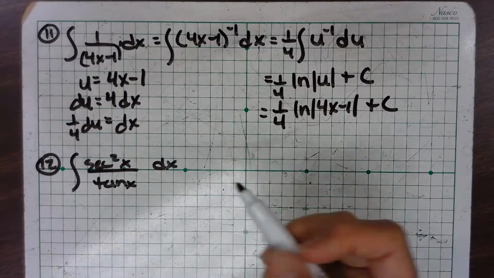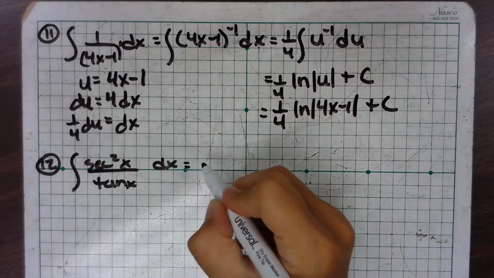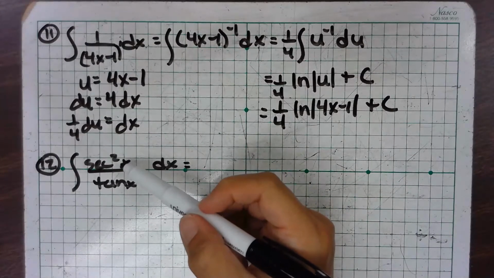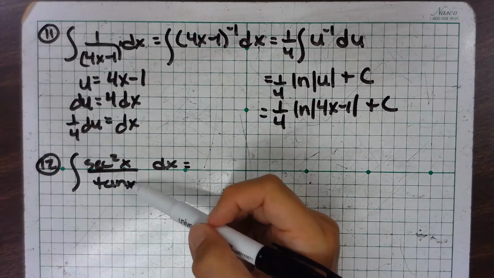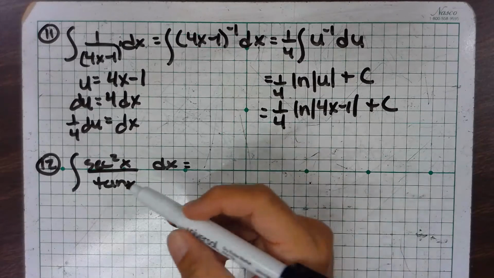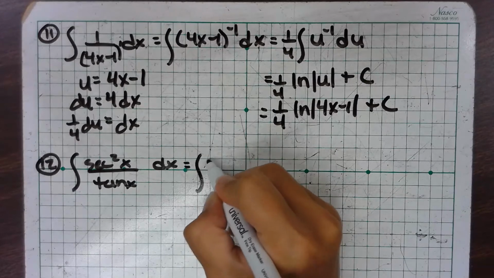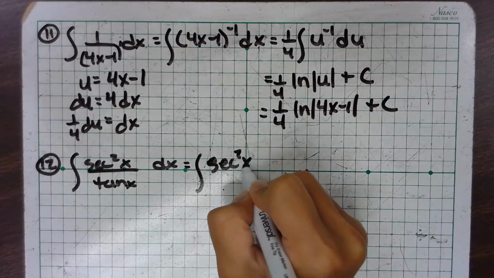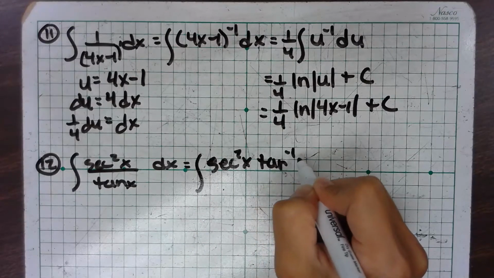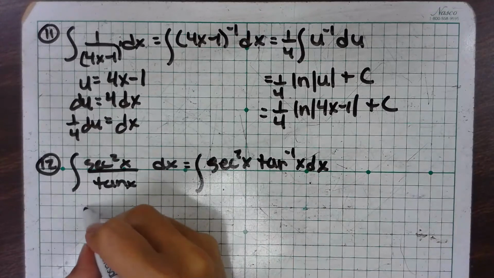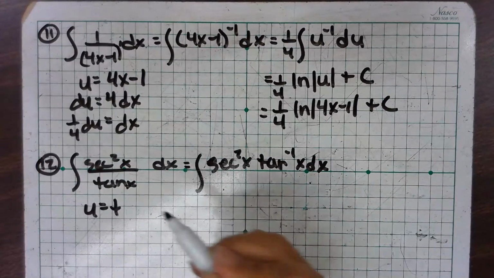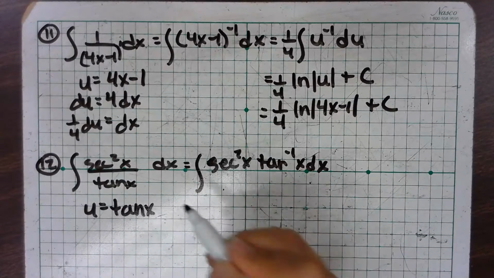All right, now same thing on number 12. When I start looking at this, I see tan x and I see secant squared x. Well, the derivative of tan x is secant squared x, so I probably want my u to be tan x. But what I'm going to do first is make this tan to the negative 1 of x, and make my u tan x.